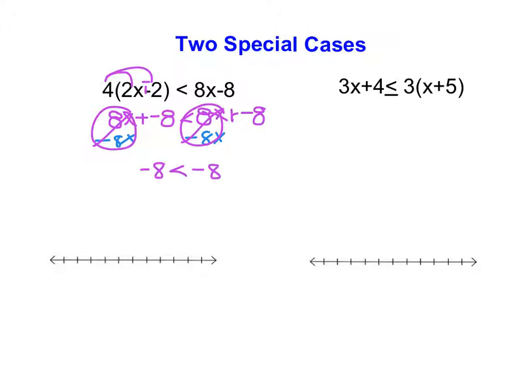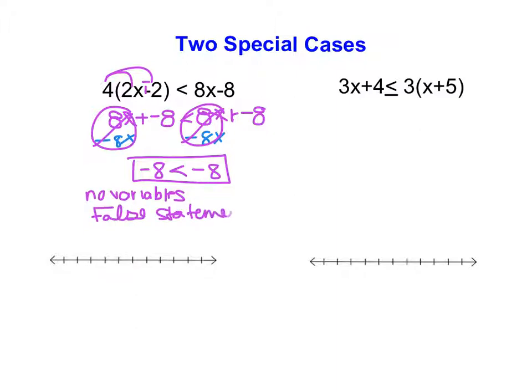And this is where we have to think a little bit more than the equations we've solved. So here we can see that we have no variables. All of the variables have undone each other, and we're left with this statement here. Negative 8 is less than negative 8, and that I know to be a false statement.